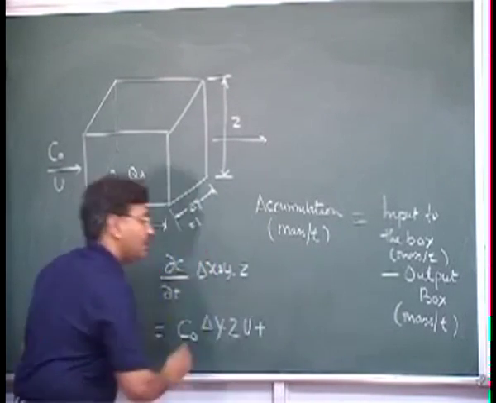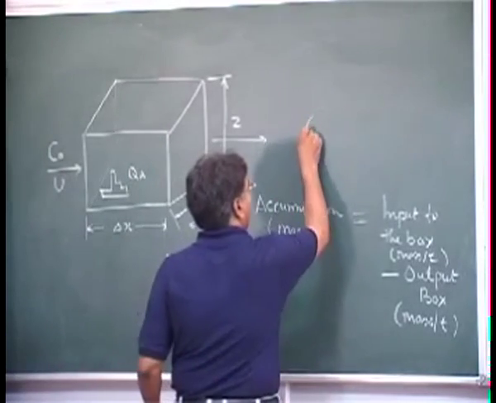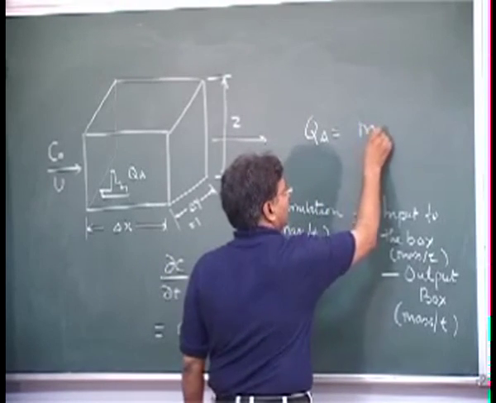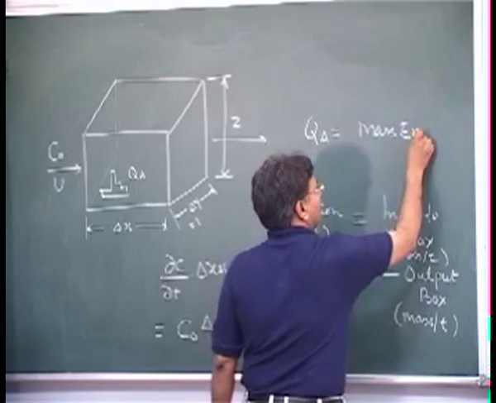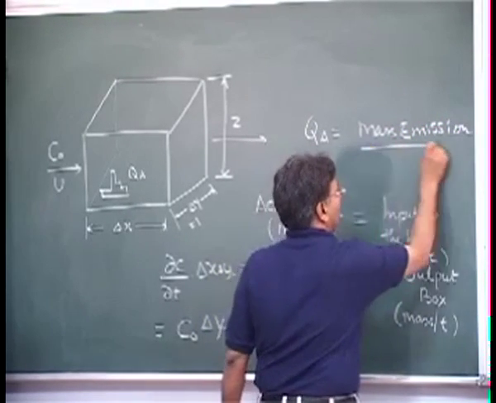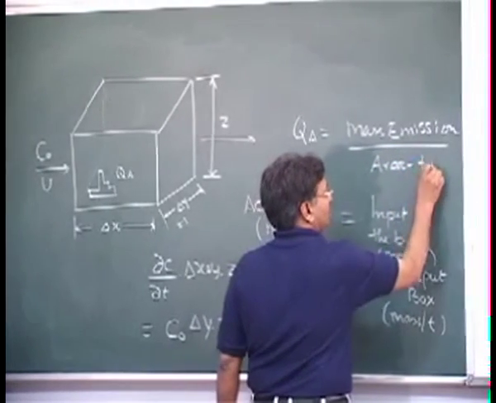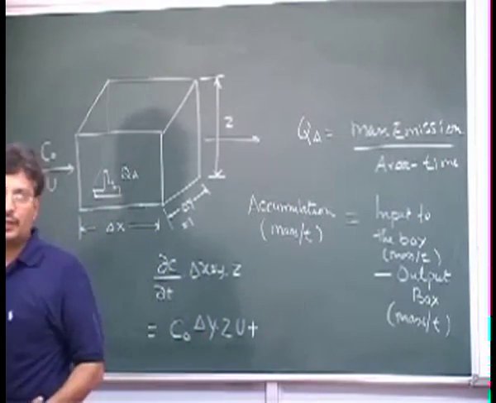What else is the input? QA, and let me define QA equals mass emission of whatever the pollutant is per unit area per unit time.